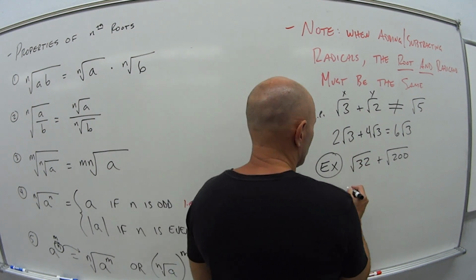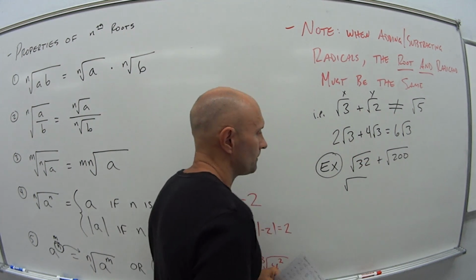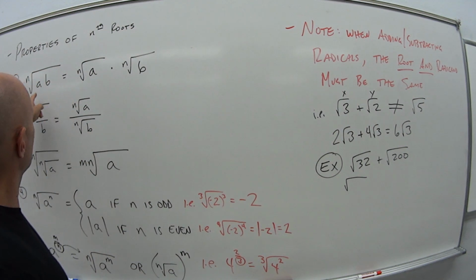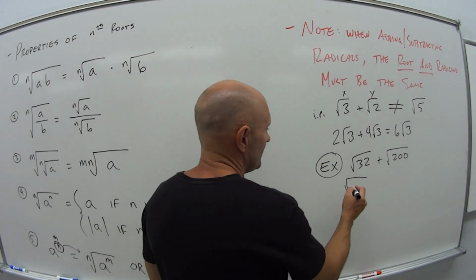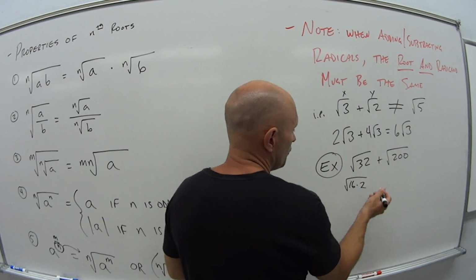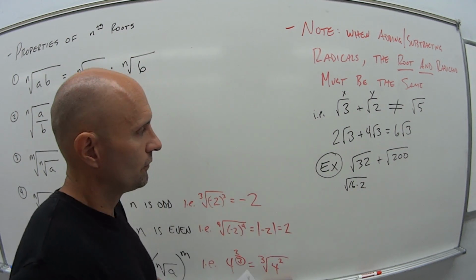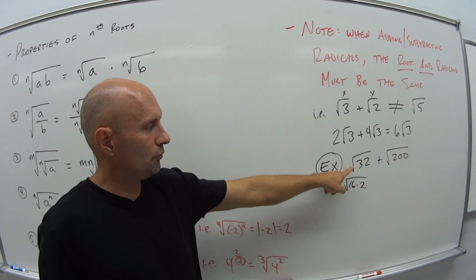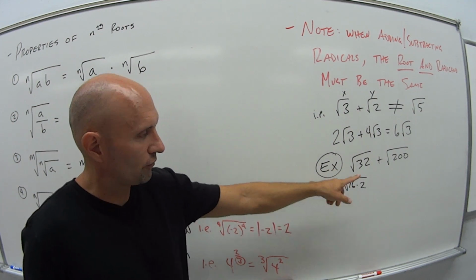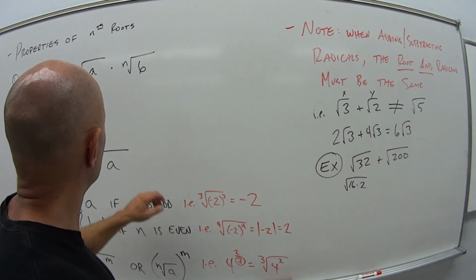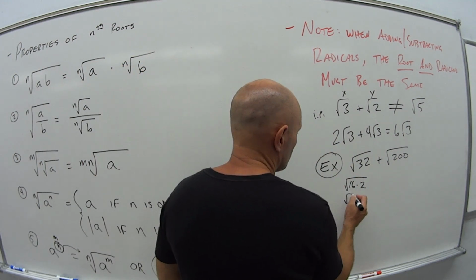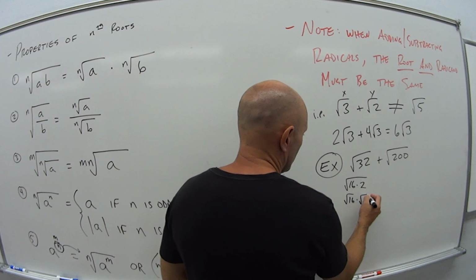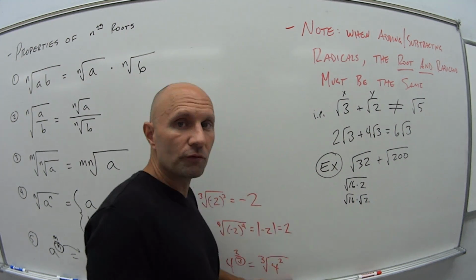So square root of 32, let's work with that one first. I can break up 32 by property 1 as what? 16 times 2. So 32 is 16 times 2, so square root of 32 is the same as the square root of 16 times 2. Now using property 1, I can split these: square root of 16 times the square root of 2.